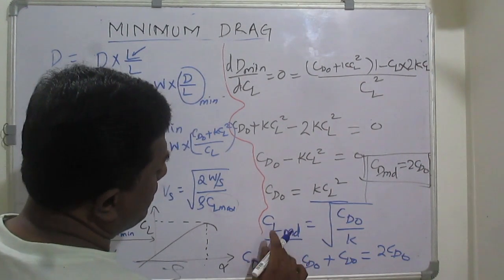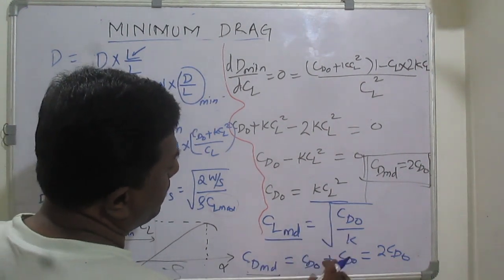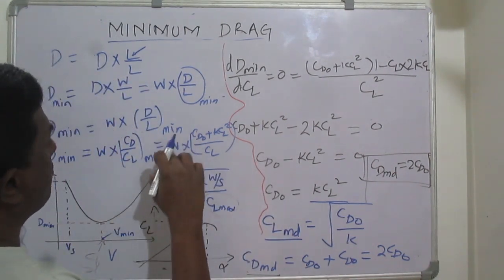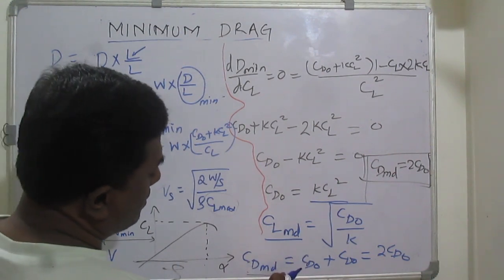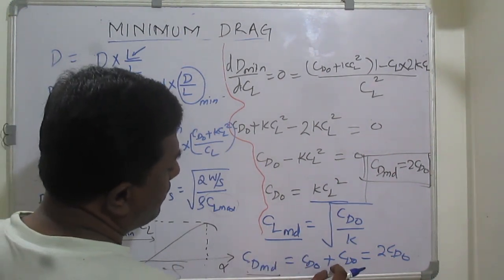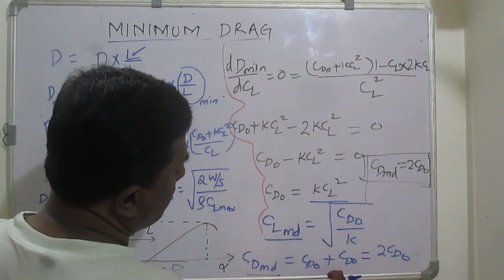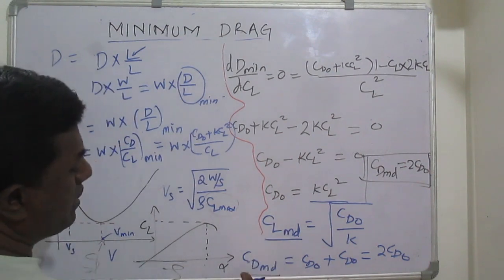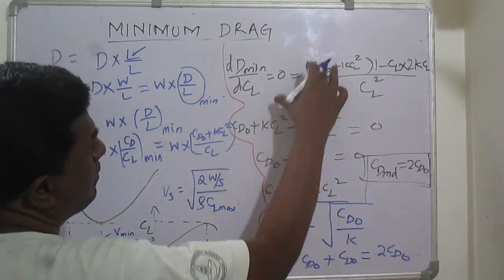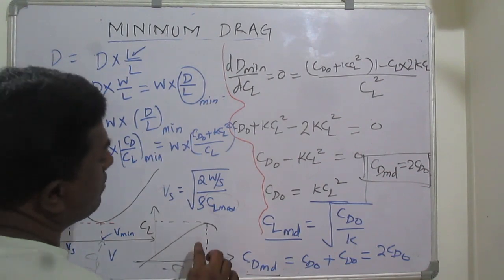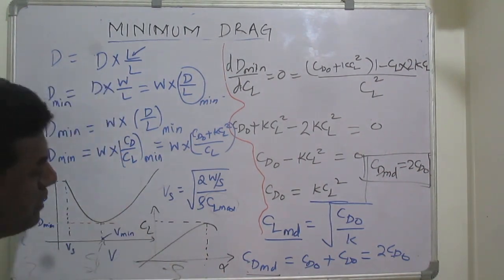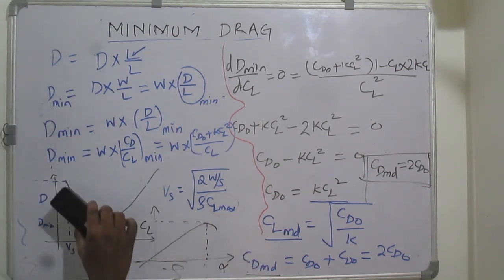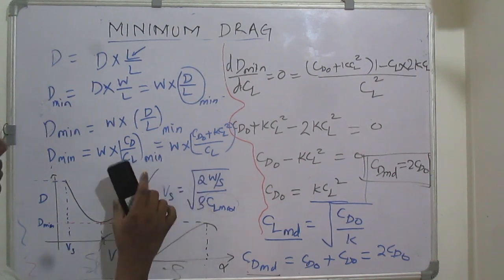So CL at minimum drag is the square root of CD naught by K. And then CD, we can substitute in our drag polar equation, and then we get CD naught plus CD naught, because K CL square is nothing but CD naught. So by replacing that, we will get this. So CL at minimum drag and CD at minimum drag can be obtained from this expression. Also we got the velocity at minimum drag, and we have seen how to obtain that.